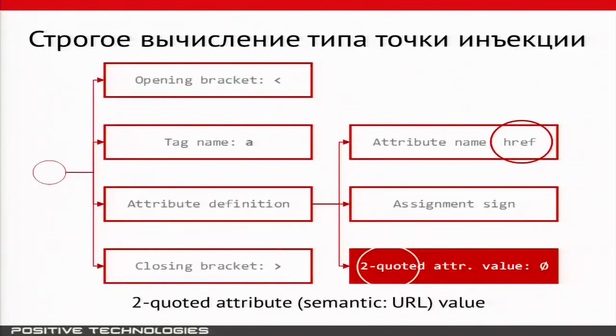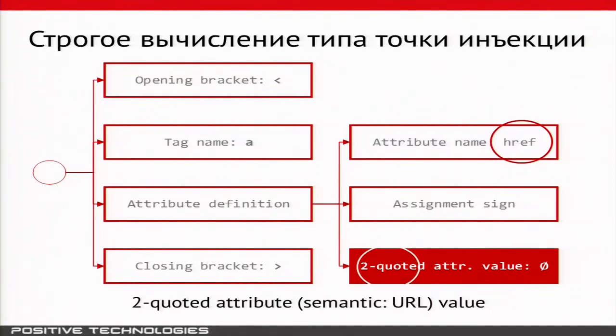Depending on what branch of the tree the unique symbol got to, we can always realize the point of injection: the tag name, opening bracket, attribute definition, closing bracket, attribute name, assignment sign, and then we can identify this unique symbol. So this is where our symbol got to, and now we know the point of injection.